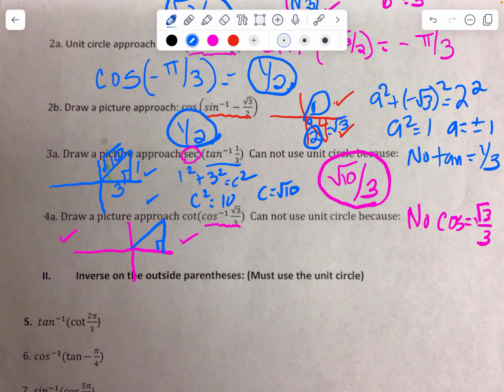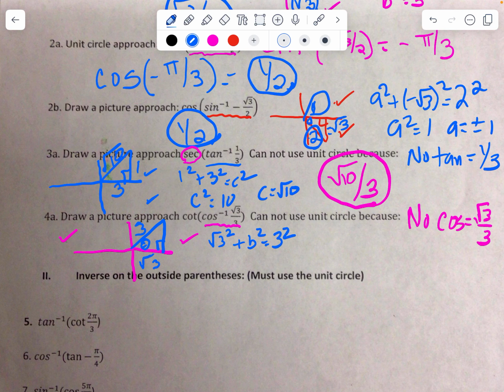Your theta is the angle at the origin. And the cosine is adjacent over hypotenuse. Then we do the Pythagorean theorem to find the missing side. So I say root 3 squared plus b squared equals 3 squared.